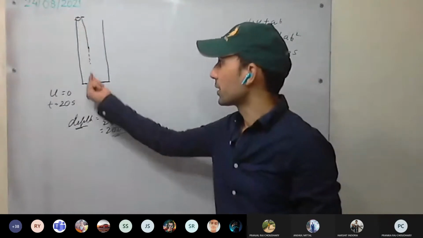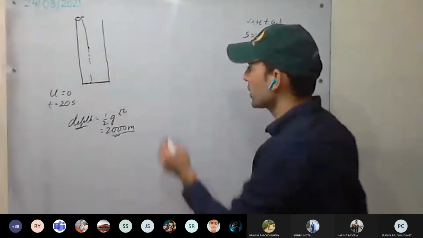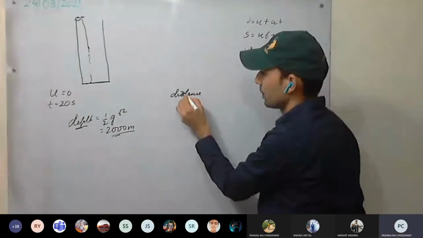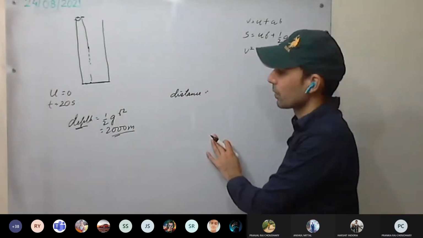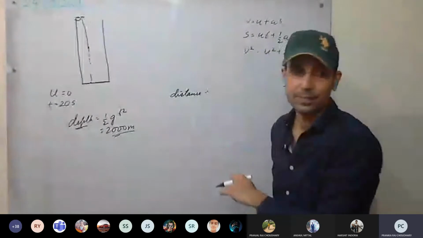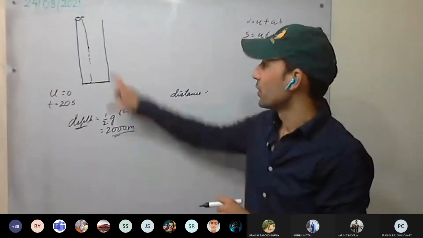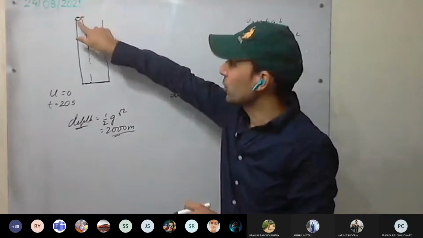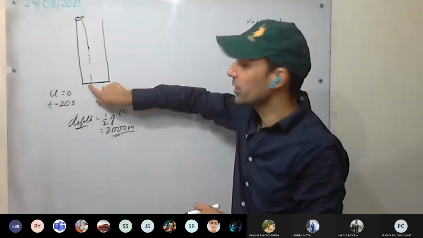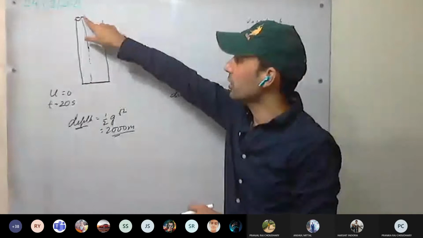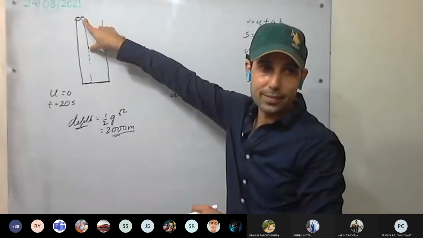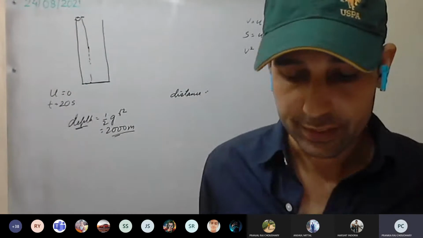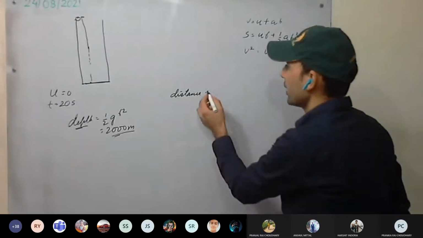How much distance does the sound have to travel? 2000 meters only. Once we have dropped it, the echo is not generated here. It drops here, sound is generated here. Now this sound is to be heard here. So how much distance does it have to cover? 2000.